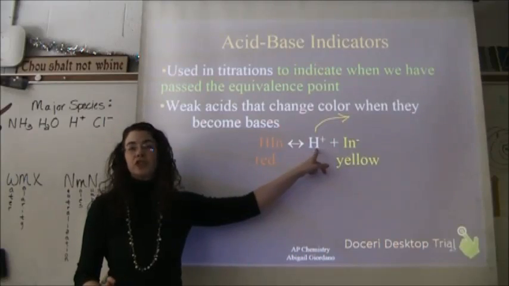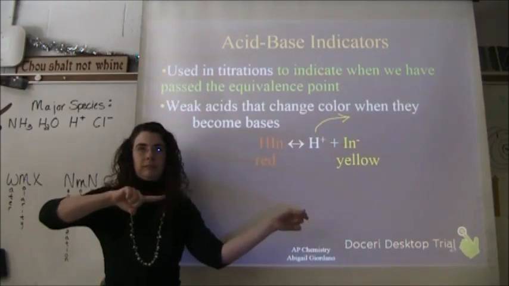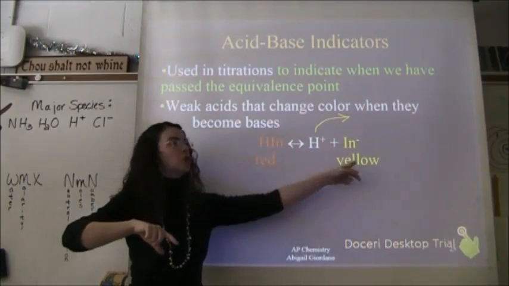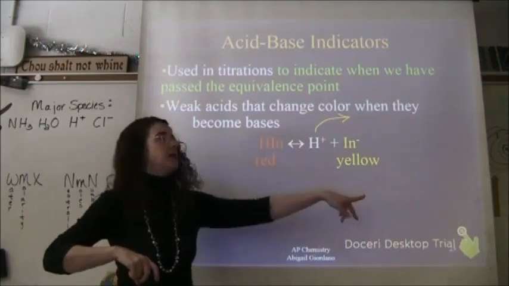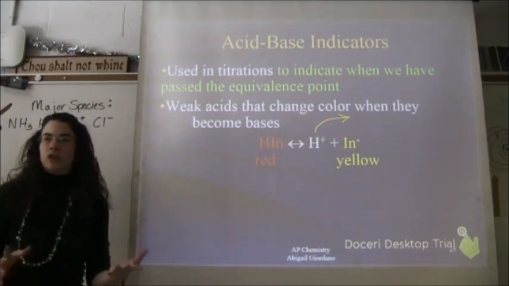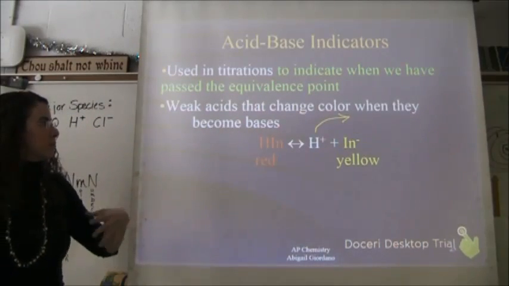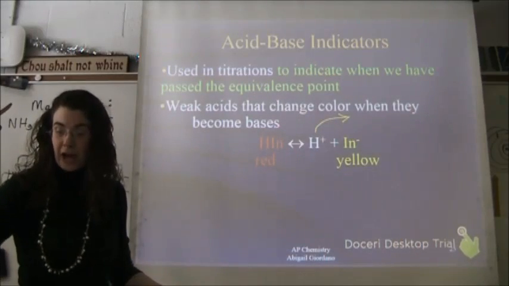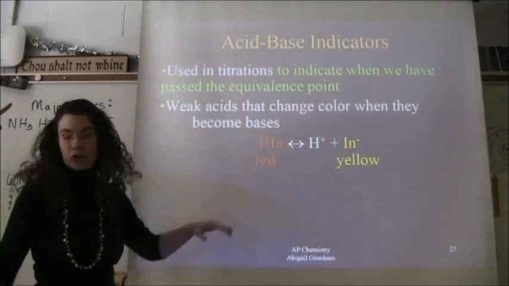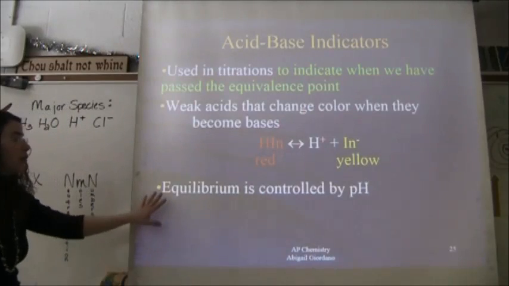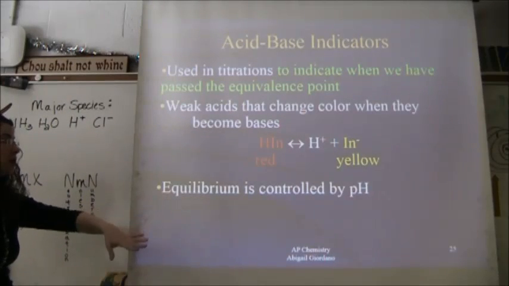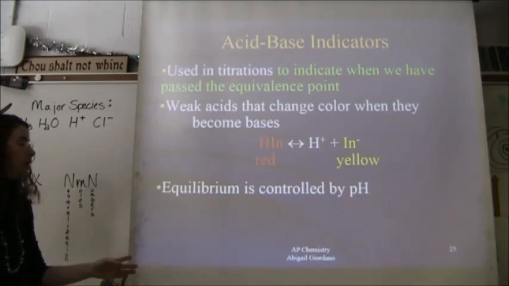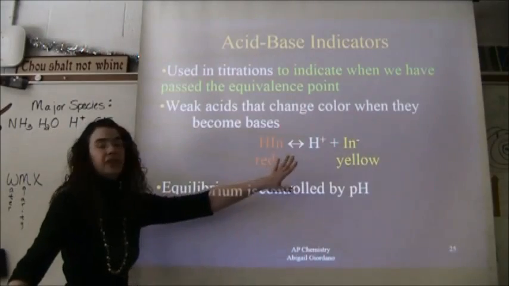Which way would this shift? To the right. So it would turn yellow. So we use indicators to tell us what's going on with the pH. The pH of the environment is what controls the color of your indicator. The pH of the environment is what controls this equilibrium.